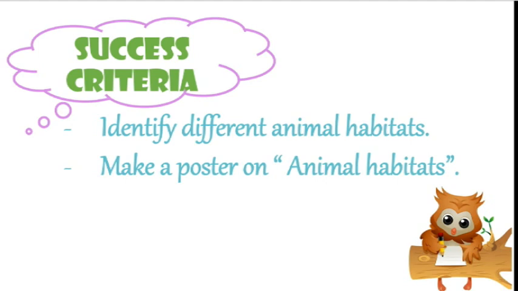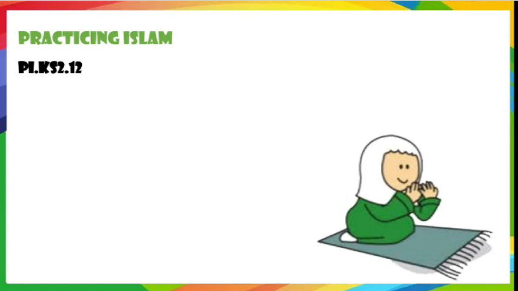You will be successful in today's lesson if you can identify different animal habitats, and also if you make a poster on animal habitats. And here is the key competency for today's TeleClass lesson, which is practicing slang. And the code is PIKS 2.12, which is about respecting and caring for other living things.